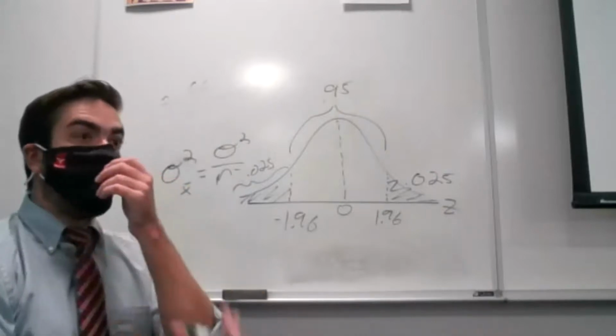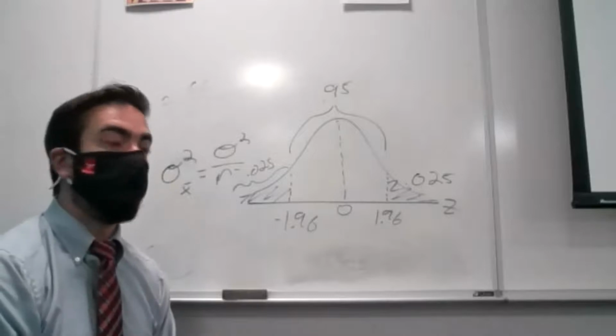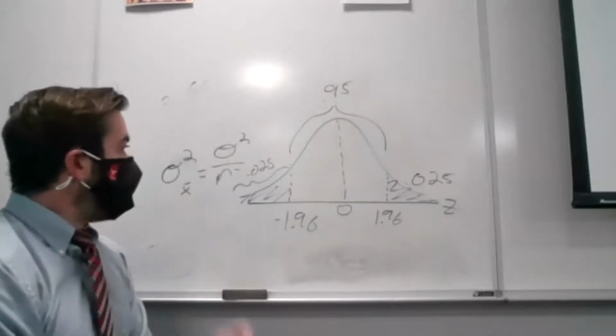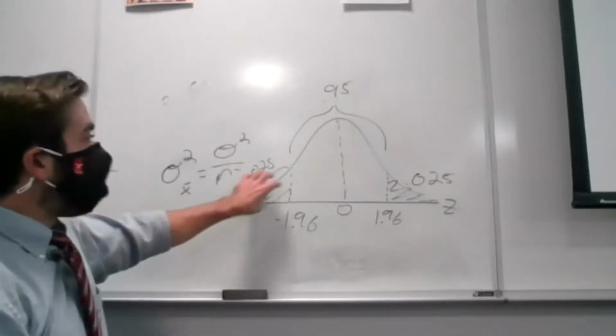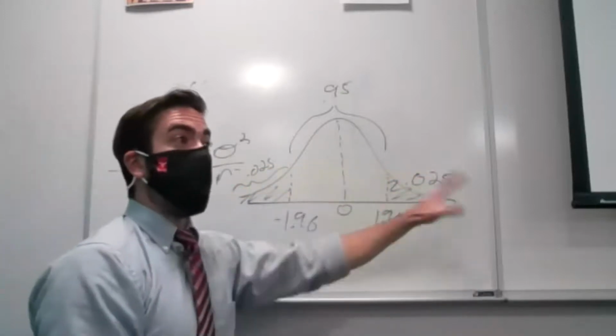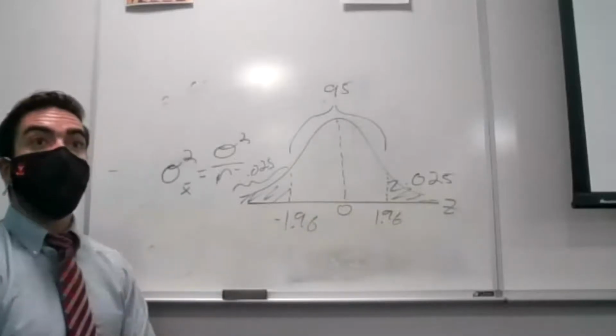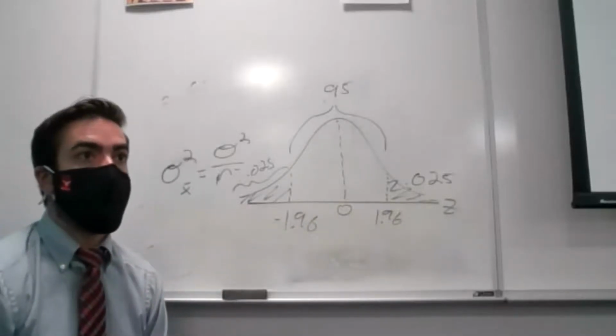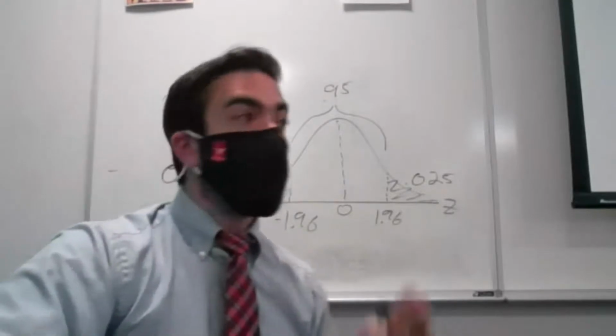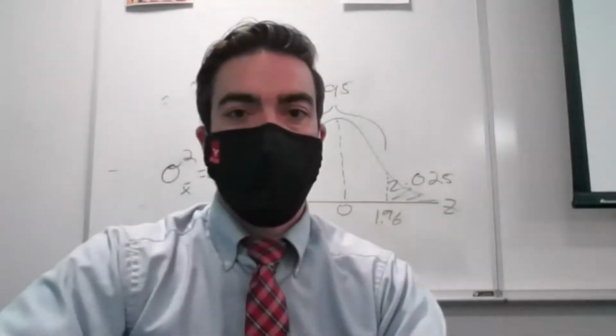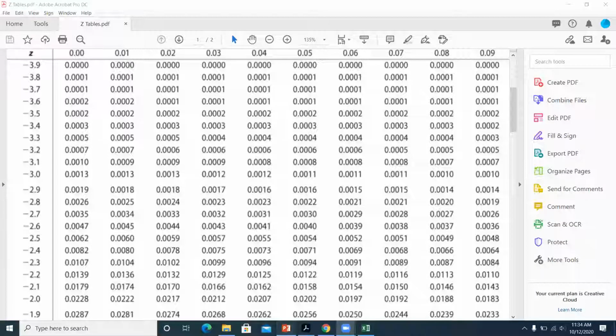We're trying to build this 95% confidence interval. So I know that 5% of the time, I'll see something in either direction that's more than 1.96 standard deviations away from that true population mean. We're going to use that reminder and go a little bit further.